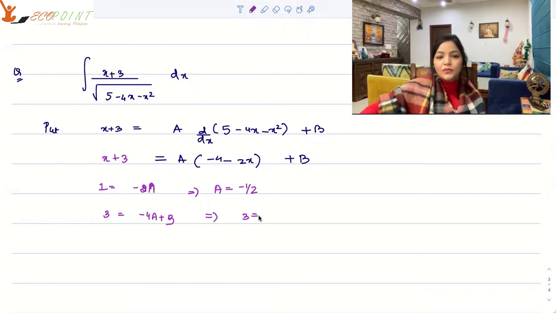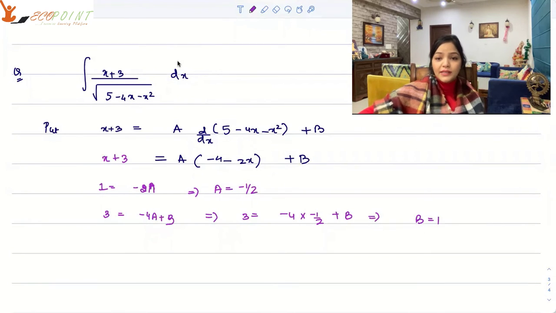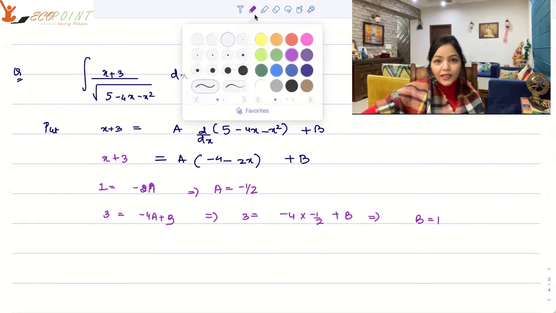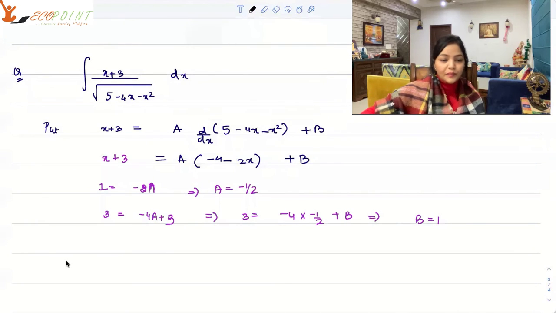This implies 3 is equal to minus 4 into minus half plus b, which implies that b is equal to 1. So you have your a, you have b as well. Now let's put it up and solve.